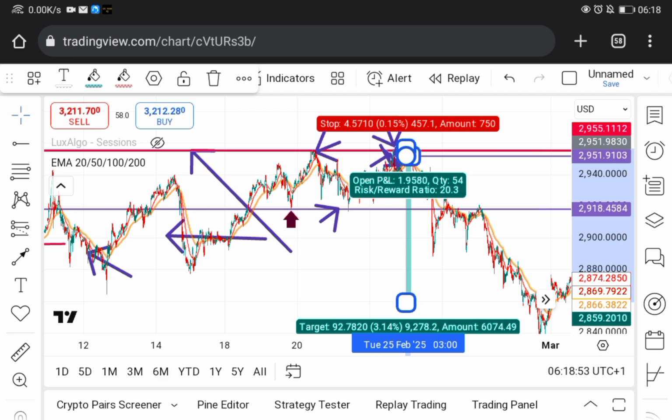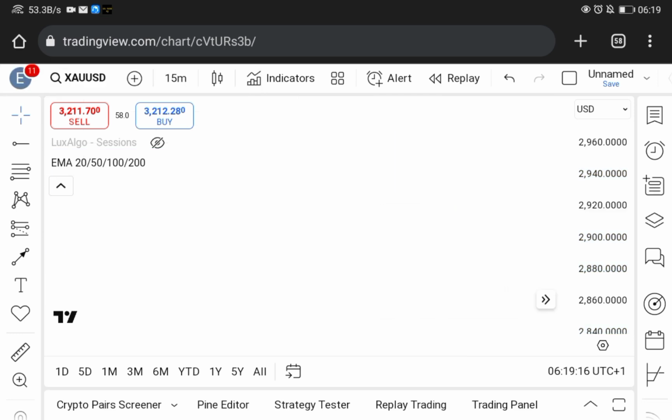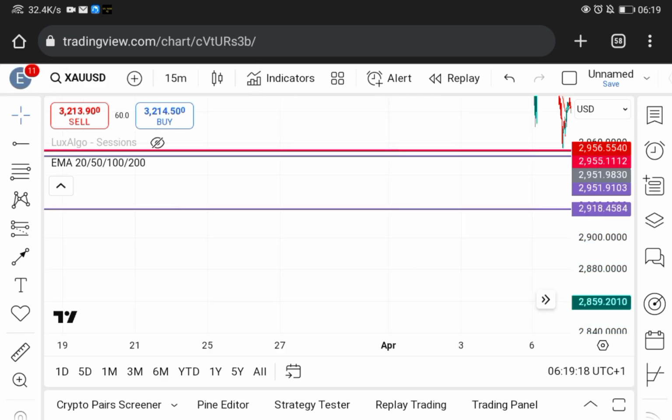I know when I was eager taking trades, I ended up losing a lot. But the moment I started sticking to one thing, even if I lose a trade, I know that once I win, it's going to cover up all my losses and put me where I'm supposed to be.